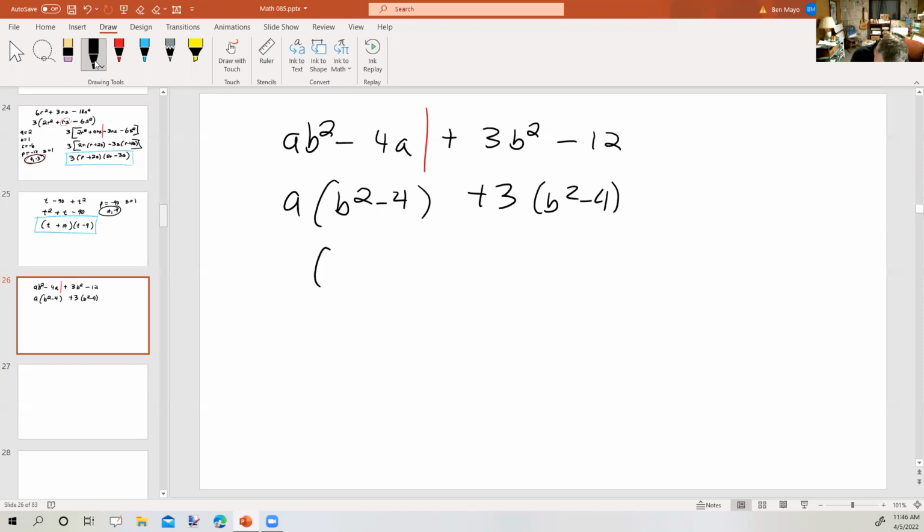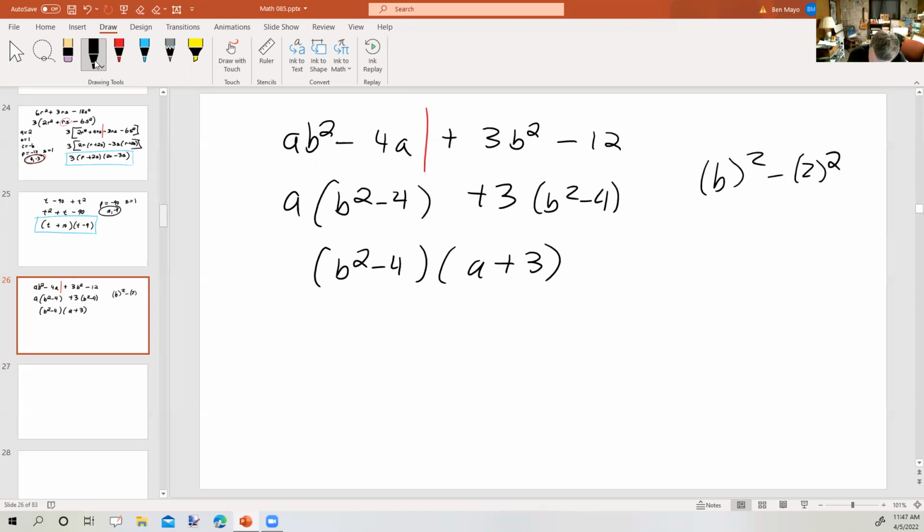So now we've got b squared minus 4 times a plus 3. Are we through? No, because b squared minus 4 is the difference of 2 squares, right? That's b squared minus 2 squared. So this is b plus 2 times b minus 2 times a plus 3.